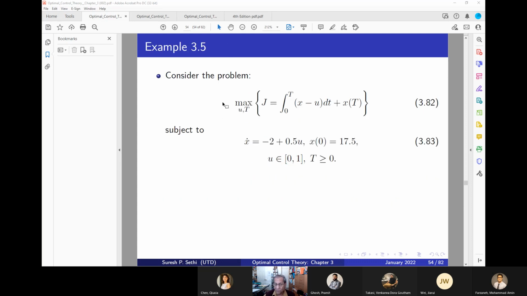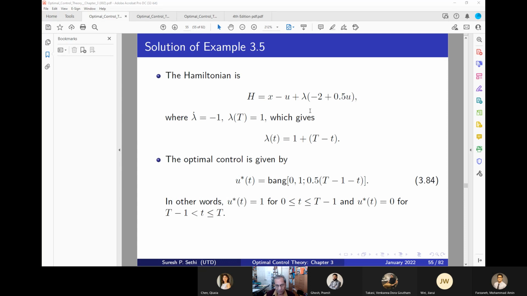Now maybe I should have given this problem also in chapter 2 without this condition, and I could still solve the problem, and it would be a problem that is not guessable. Okay. So here's my Hamiltonian. Here's my lambda(t). Here's my bang control. But remember, the bang control is now in terms of t.